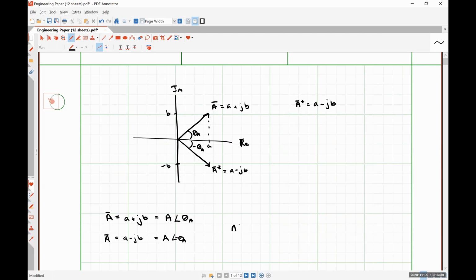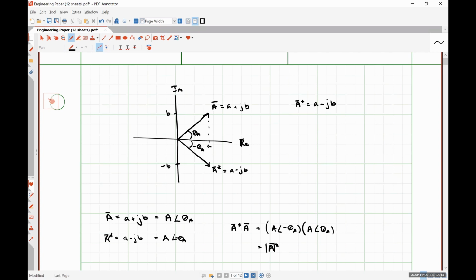So if I multiply A conjugate times A, this is A angle negative theta A multiplied by A angle positive theta A, which is just the magnitude of A squared. Works for any and every complex number. So if you multiply a number by its complex conjugate, it's simply the square of the magnitude.